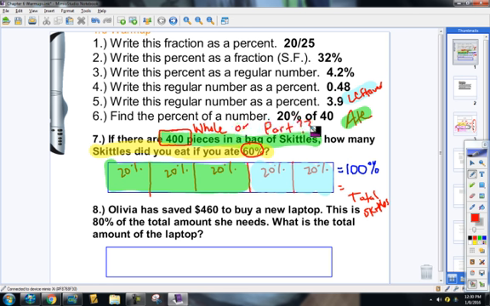That's really the question you have to answer, because if you don't know that, there's no way to be able to figure out how many Skittles are in each one of these little sections. Okay? Does that make sense? If you thought that their 400 was the part, let me erase this just so that I have more room.